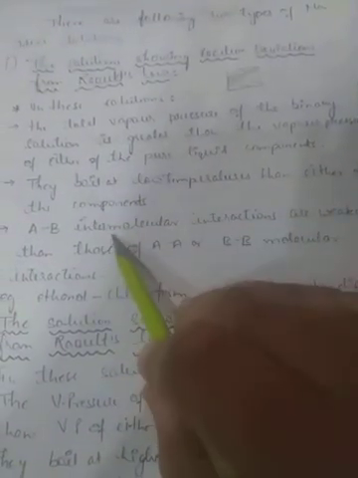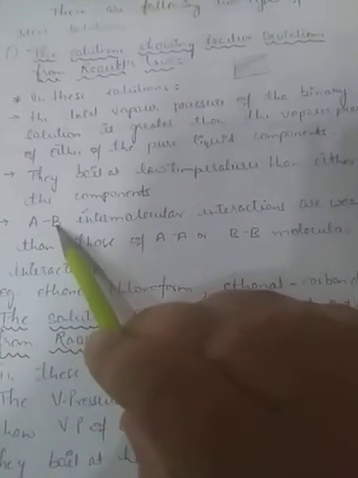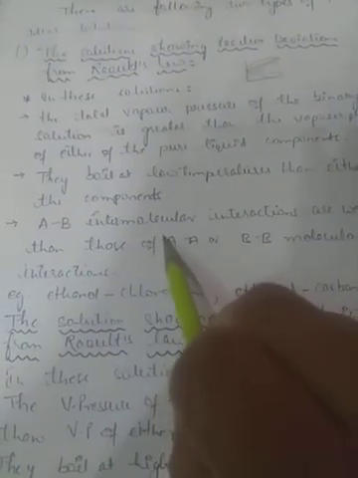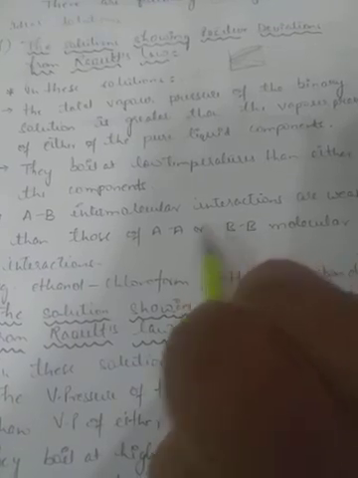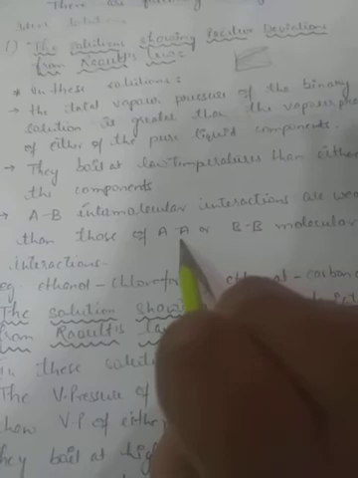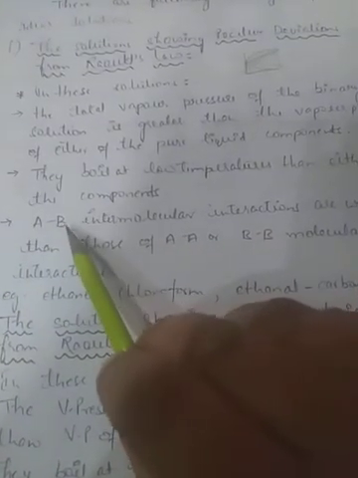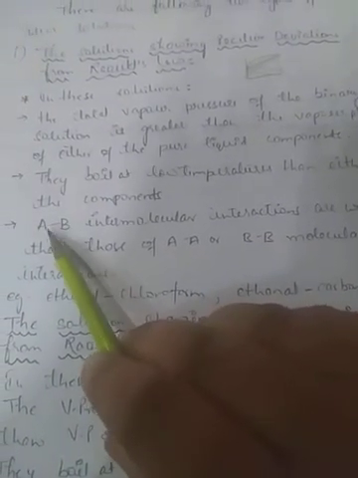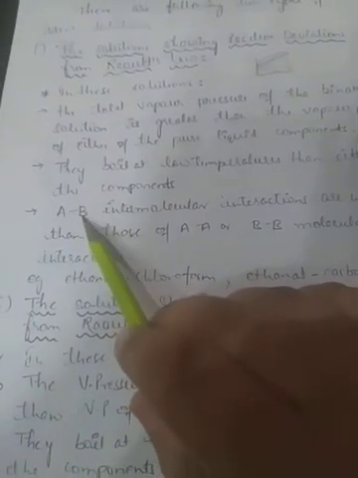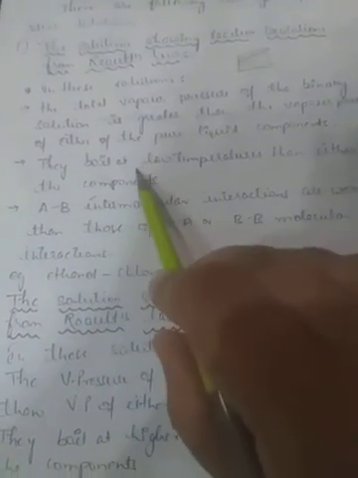If it is boiling at lower temperatures, it means that the new AB intermolecular interactions are weaker than AA, of one component, and BB, of the other component. These have stronger interactions than the intermolecular interaction between the solute and the solvent after the solution is formed. This shows that they will have the higher vapor pressure.